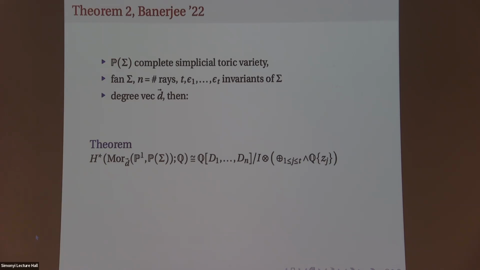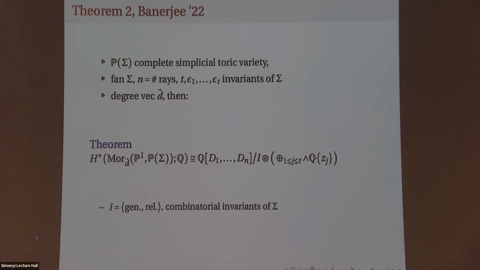And the theorem is that the cohomology, and again, I'm stating it only for P1 and not for a general curve because that wouldn't fit in one slide, is a full cohomology ring where d1 to dn are actually the generators of cohomology of P sigma itself, modulo a certain ideal I and these other generators Zj.